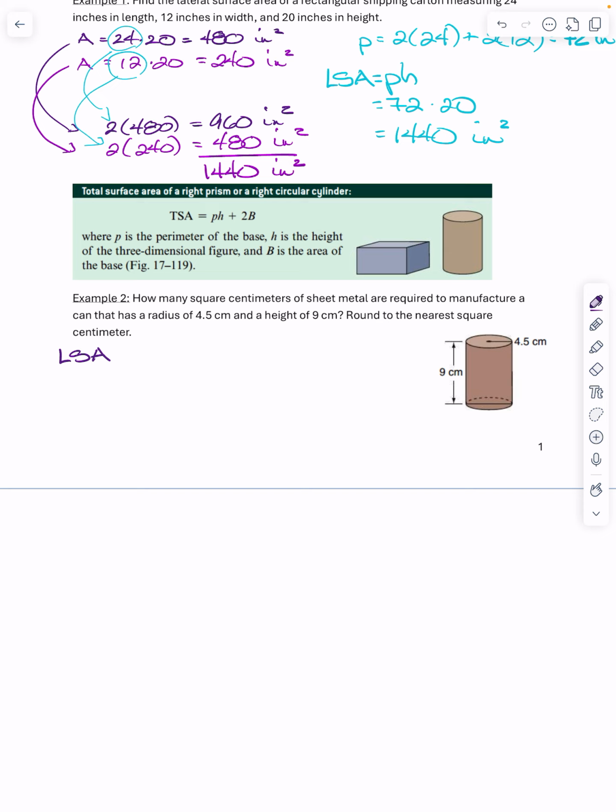Okay. If I have a radius of 4.5, I got to start by finding the perimeter of the base. So I want perimeter times height plus 2 times, and this capital B means the area of the bases. So it doesn't really matter which part we find first. Perimeter is going to be 2 pi r.